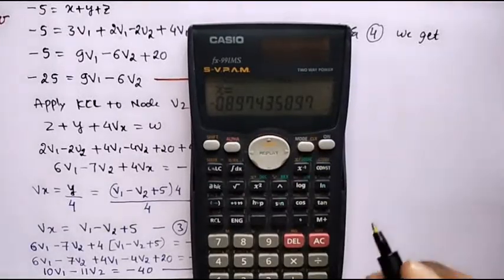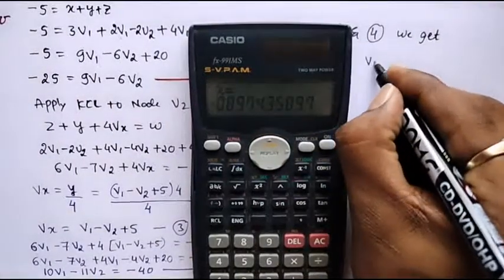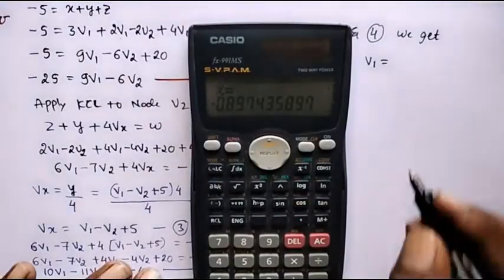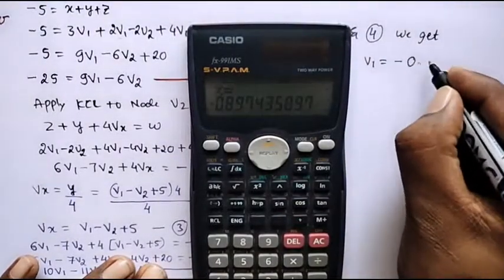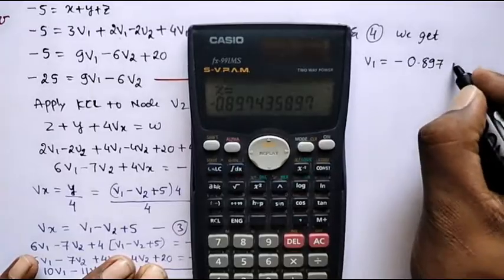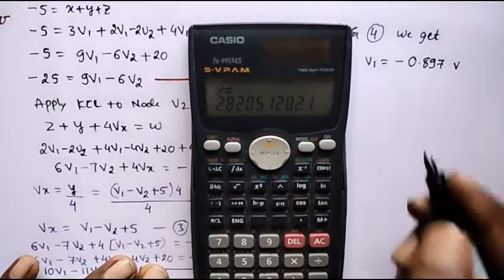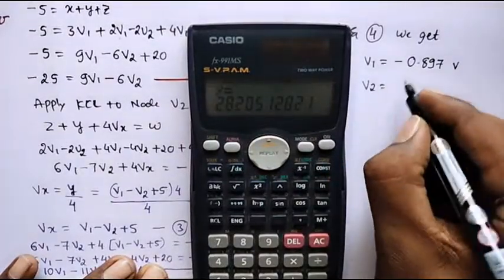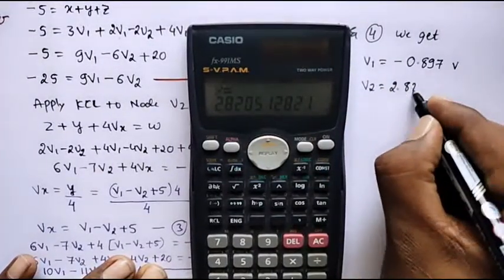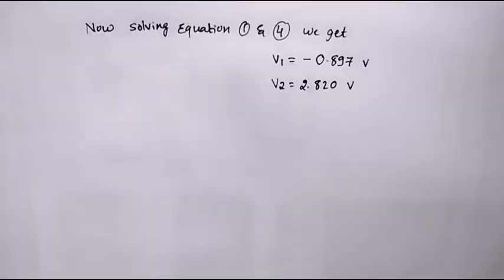So we get V1 is equal to minus 0.897 volts and V2 is equal to 2.820 volts.